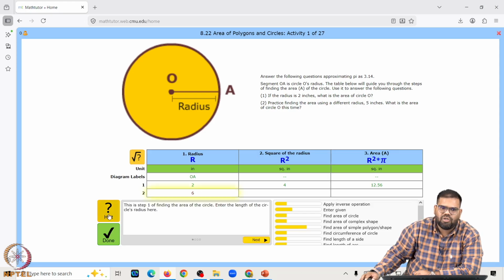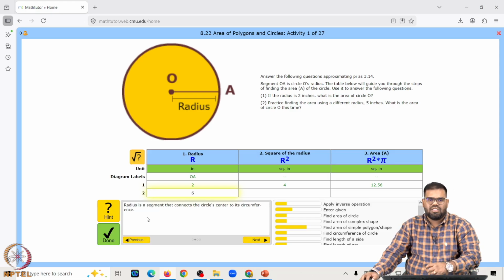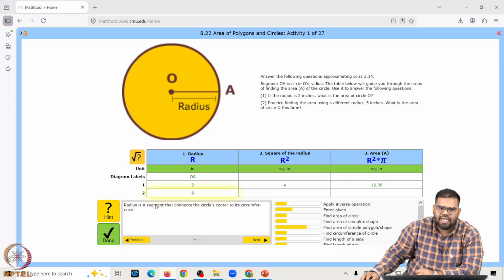So I can also use the hint. This is step 1, finding the area of circle, enter the length. I don't know, then go to the next hint. Radius, it will tell about what the radius is. The radius is the segment that connects the circle's center to the circumference. I still don't get it.